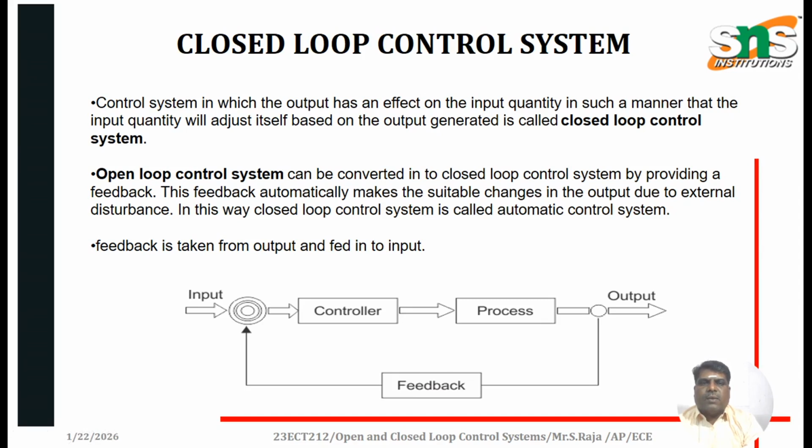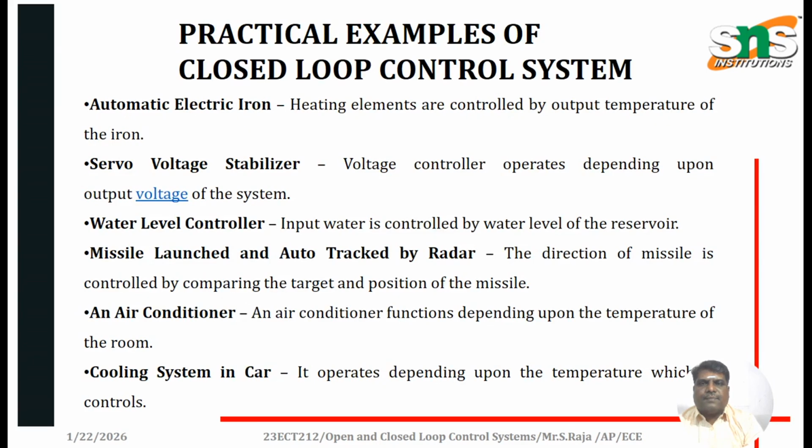That is how an open loop is converted into a closed loop, by inserting a feedback. This feedback will automatically make suitable changes in the output due to external disturbances. So the feedback element is the only change from the open loop to the closed loop control system. That is the only difference: the closed loop control system has its own feedback.